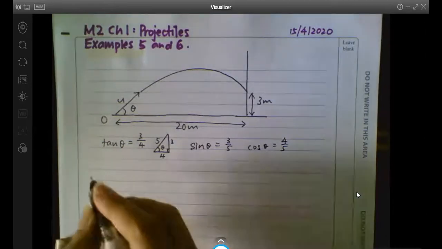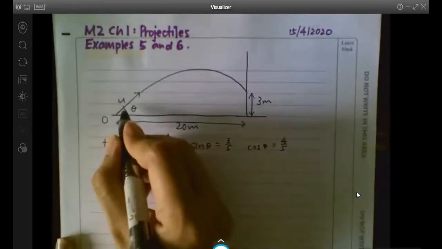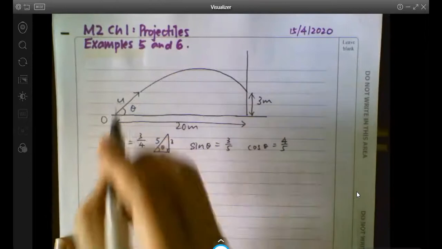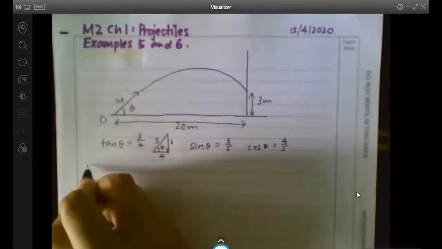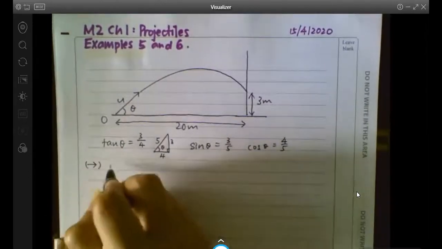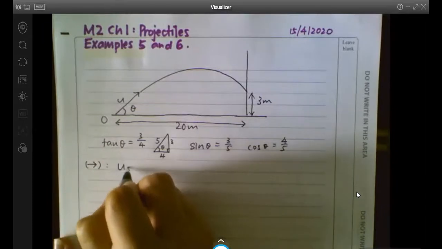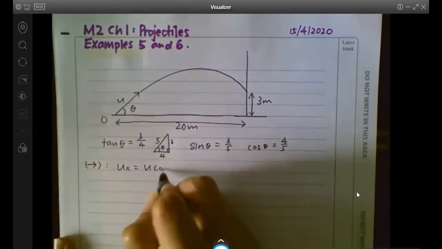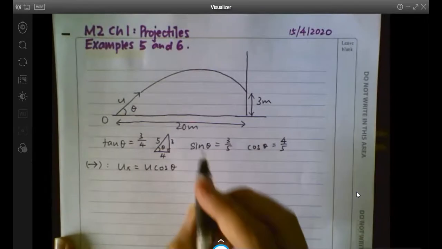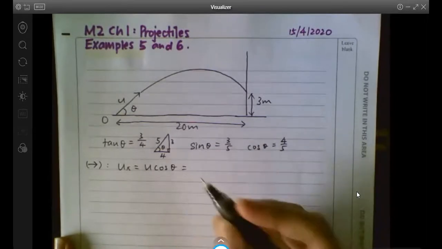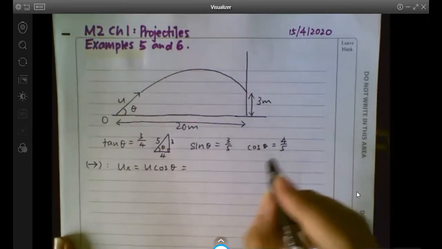We should also resolve the velocity. So horizontal component, ux equals u cosine theta. If we substitute in the value, you should get 4/5 u.